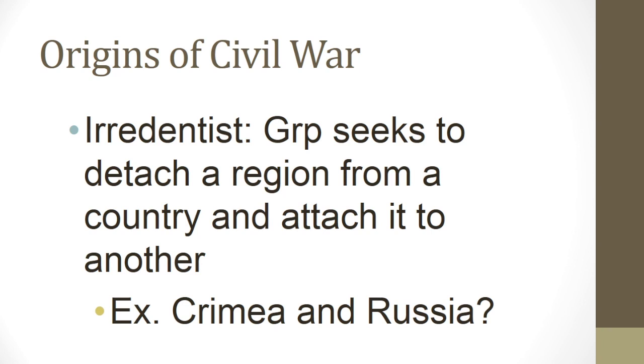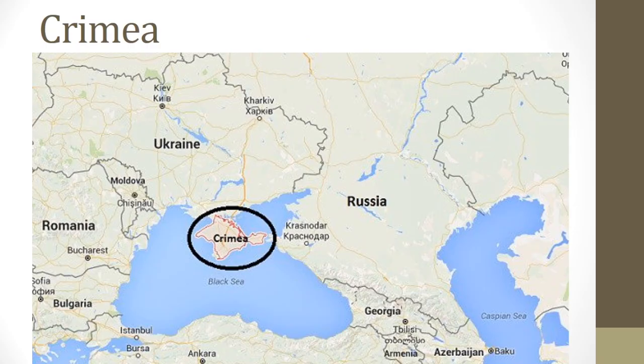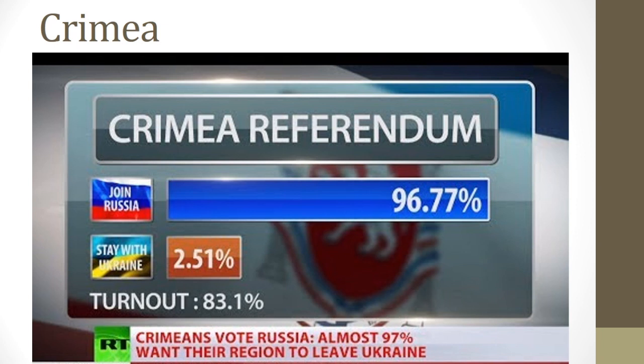Next, we have the irredentists, okay? This is groups that want to detach from a region of a country and attach it to another part. Now, the best example of this is Crimea, in Ukraine. So recently, as early as 2014, Crimea had its referendum vote where Russia was trying to get Crimea to join their country and annex them.